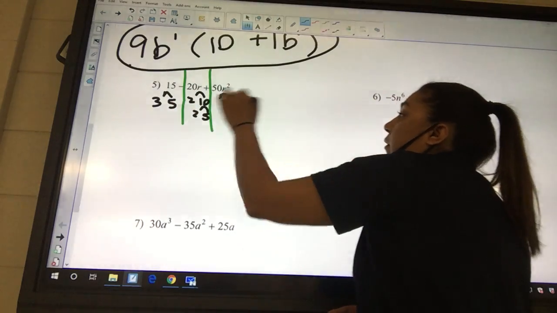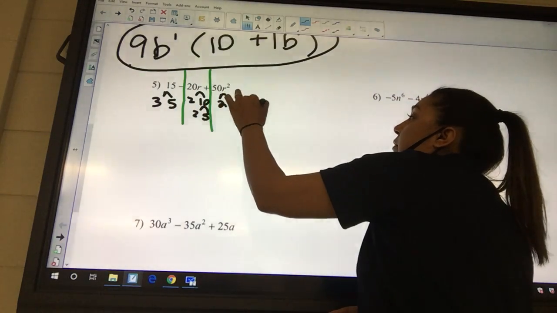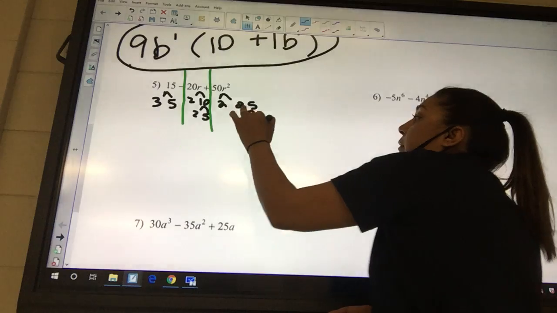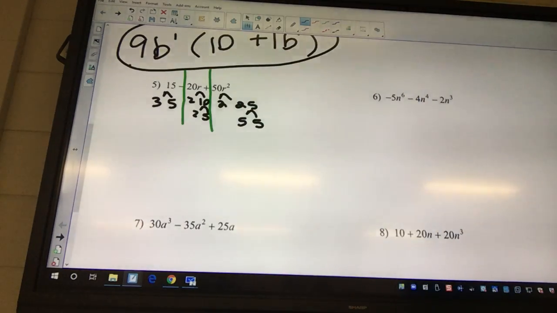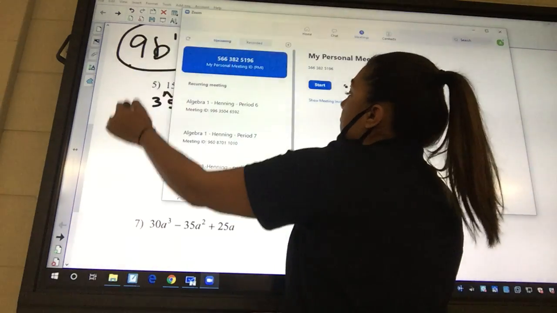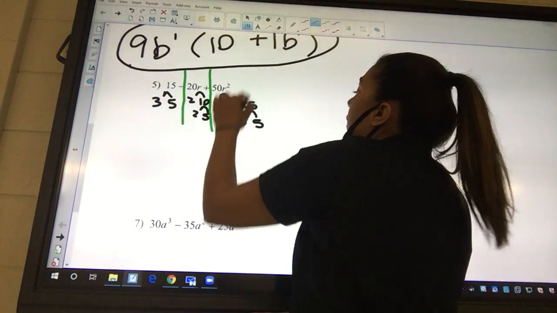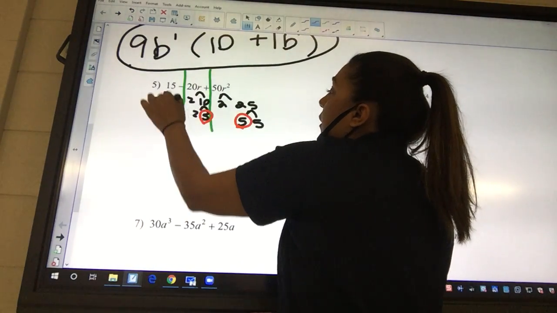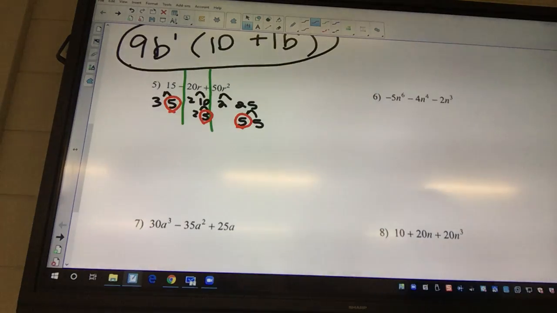And 50: 2 and 25, 5 and 5. Okay, so what is a match for all? A 5. Okay, so our number on the outside is going to be what? 5.